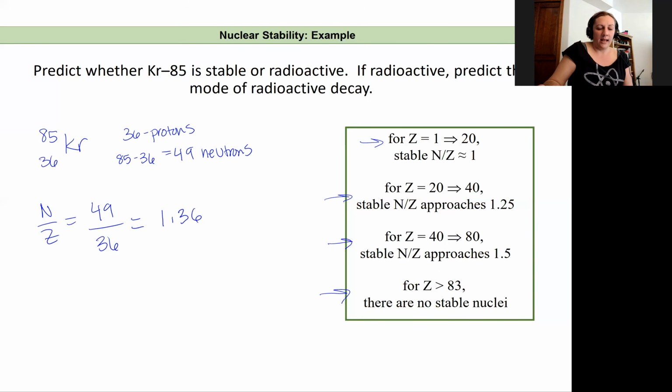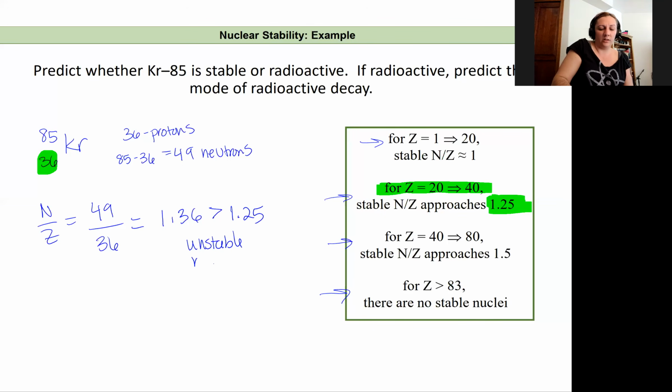Since it has an atomic number of 36, it falls into the second category, where atomic number is within the range of 20 to 40. A ratio of 1.25 would be stable, and since this is larger than 1.25, we have an unstable nucleus.